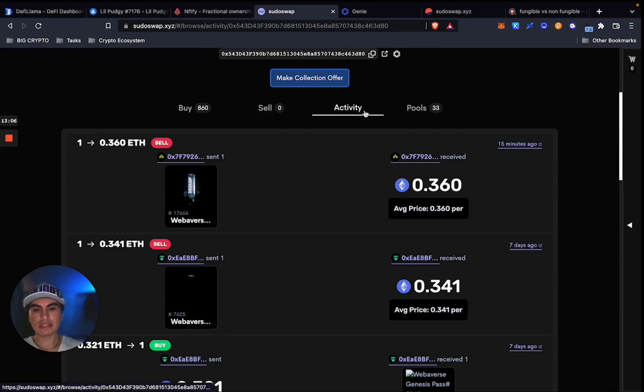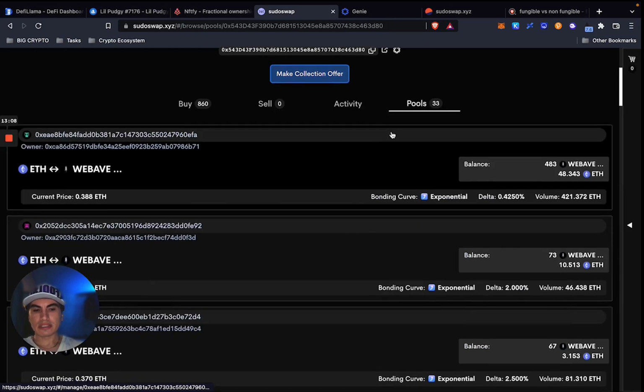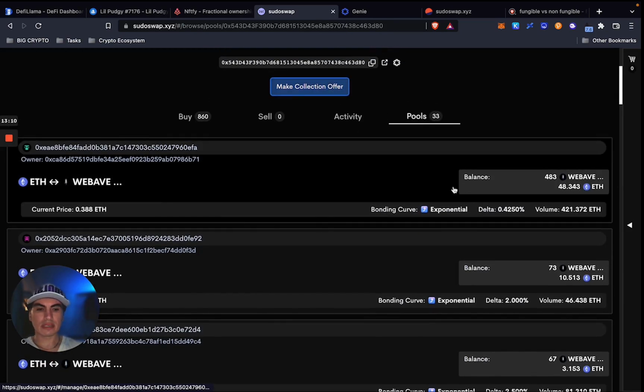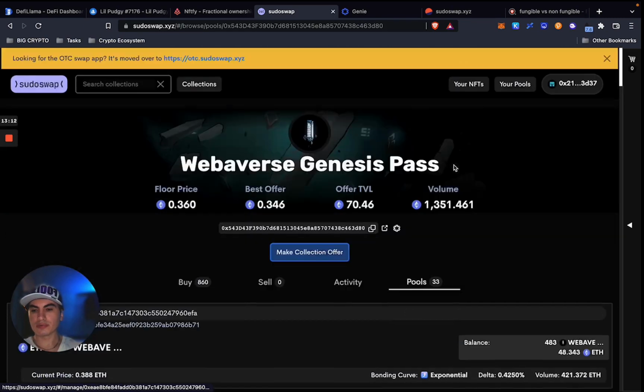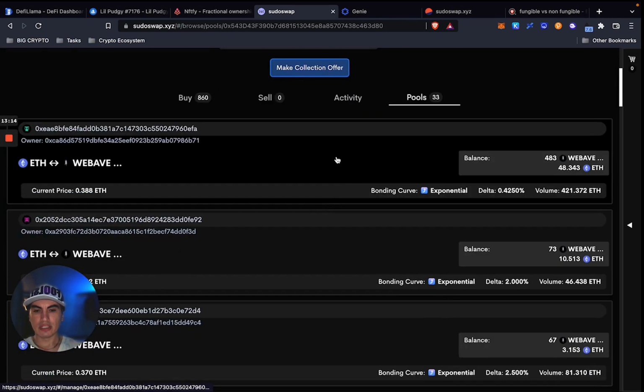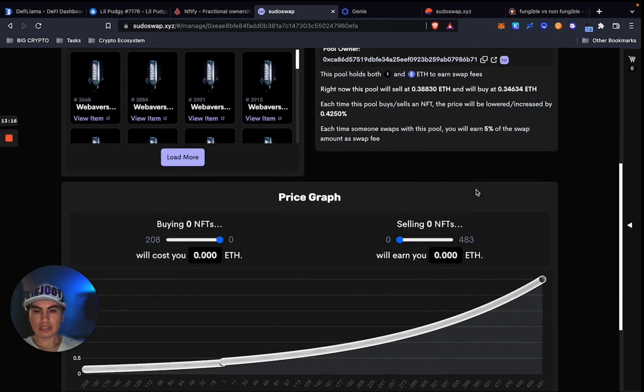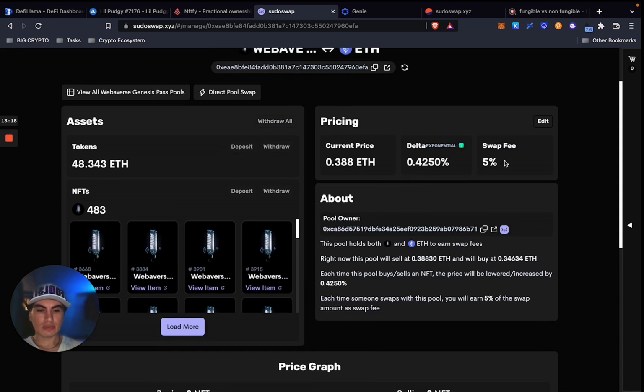And then again, you can see the activities, and then you can see the pools. So this is where, for example, some of the largest pools are for this NFT project. Here, if you click on it, you can see the guy's swap fee. So he put a 5% swap fee for this pool, meaning that each time there's a trade, 5% goes to the pool owner.